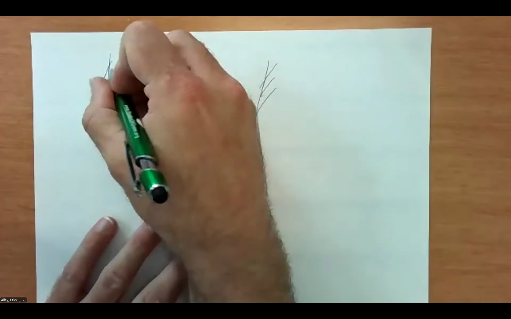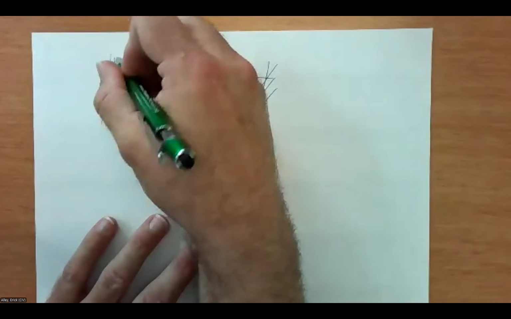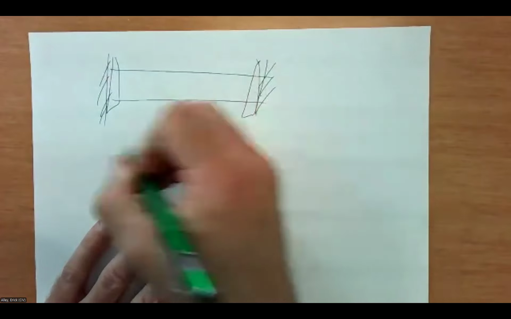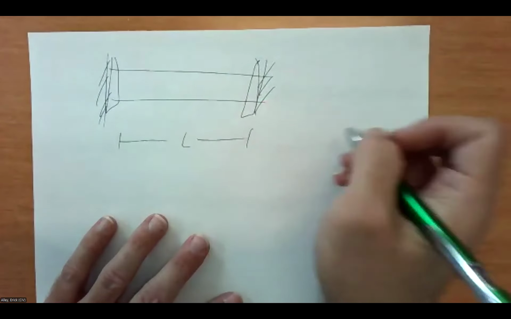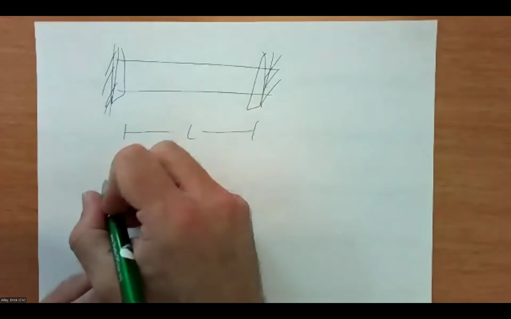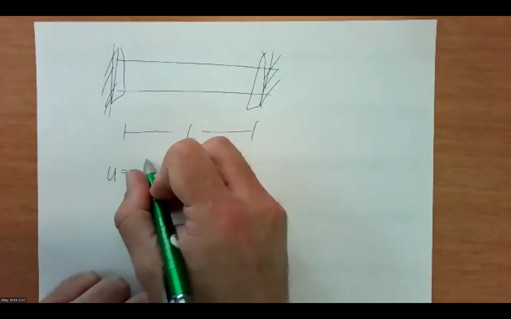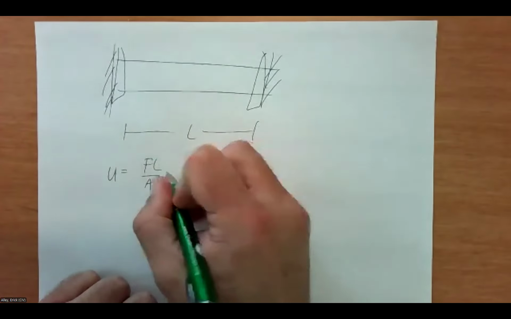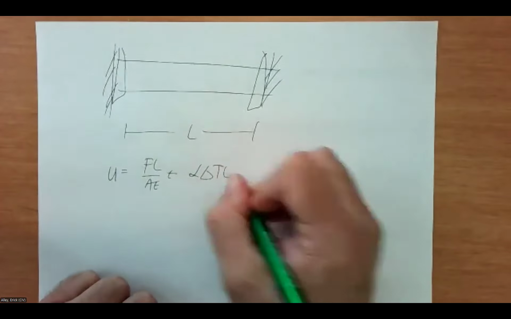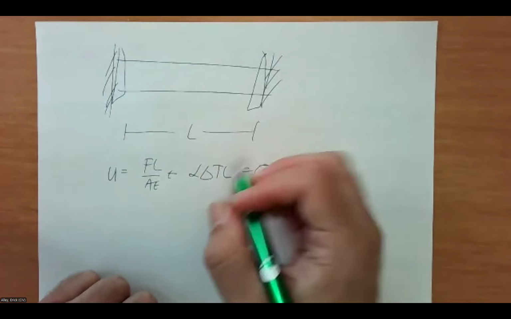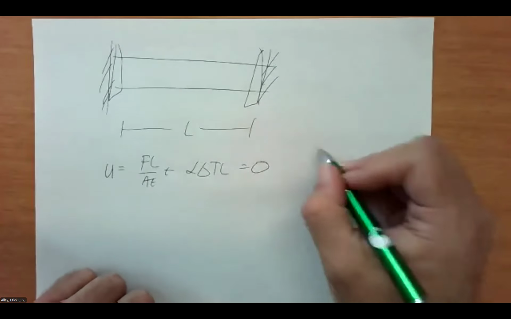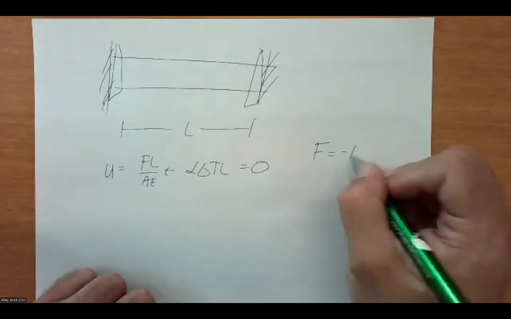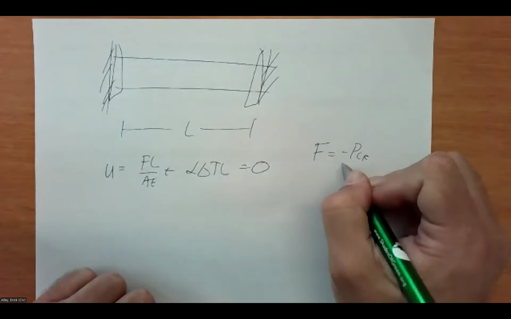All right, I got a fixed case, flanged ends, so no rotation allowed. And I've got my L and I've got all my properties. So my displacement, FL over AE plus alpha delta T L, has to equal 0. And I also know that my force needs to equal minus P critical.